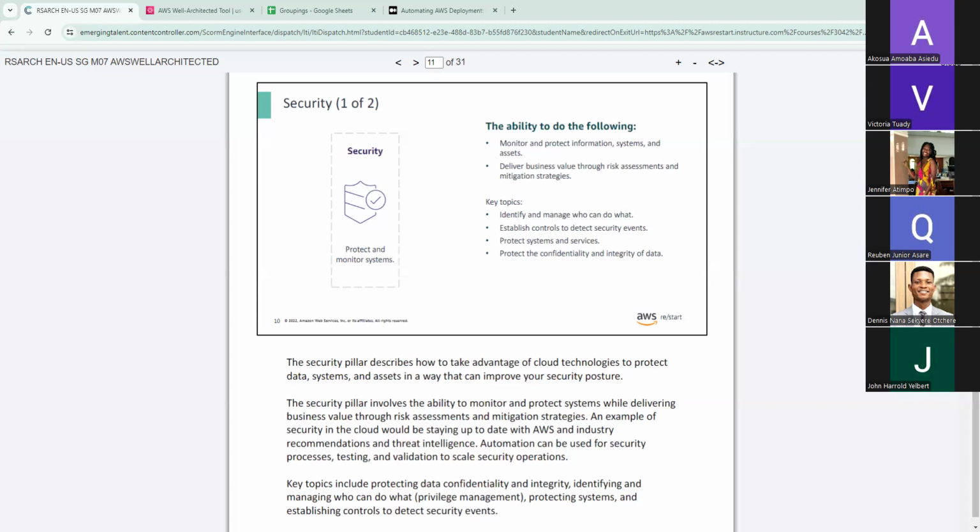Security has to do with protecting it. So when you say something is secure, that means it's protected. It cannot be accessed without proper authorization. Yes, authorization. Thank you.